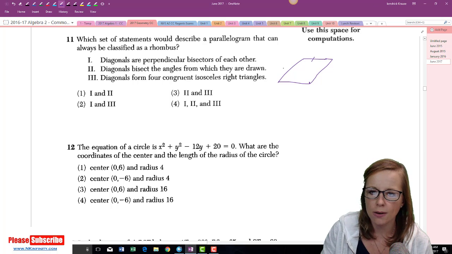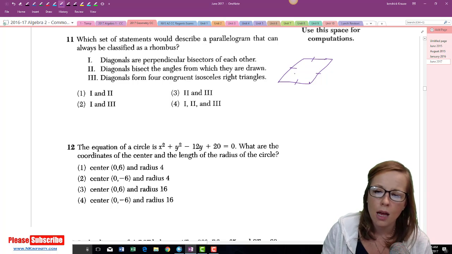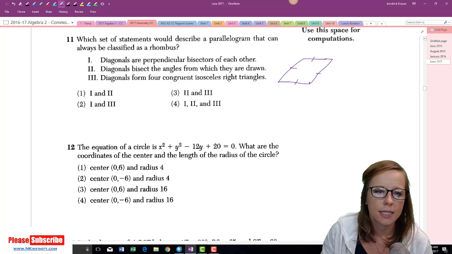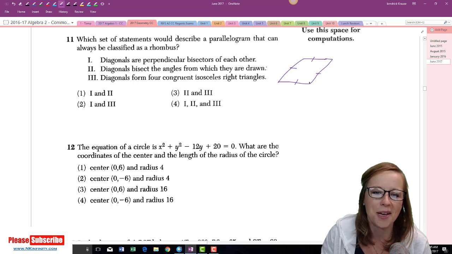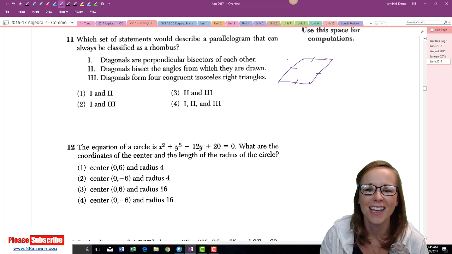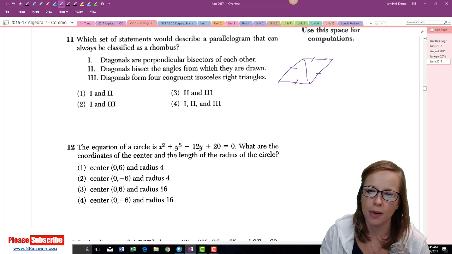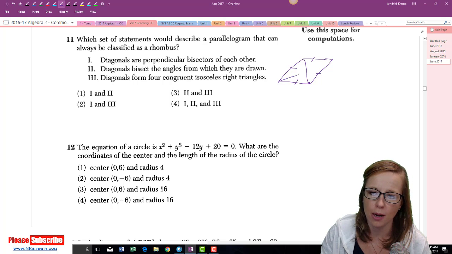So we know in a rhombus, all four sides are congruent, opposite sides are parallel, diagonals bisect each other. So diagonals are perpendicular bisectors of each other. We know that that's true about a rhombus, or we should know that that's true about a rhombus. Okay, yes, that is true.